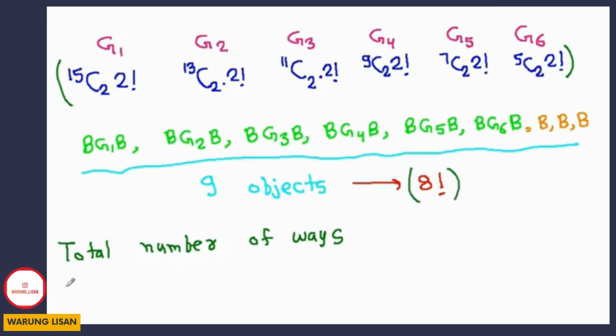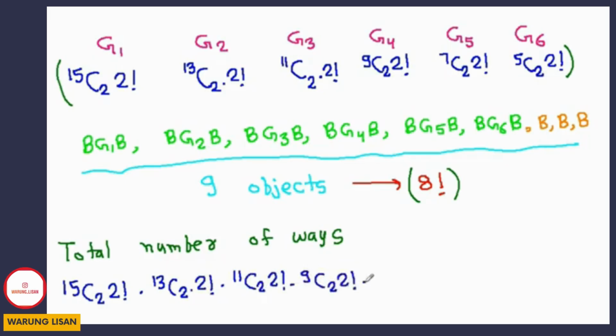So it will be 15C2 into 2 factorial into 13C2 into 2 factorial into 11C2 into 2 factorial into 9C2 into 2 factorial into 7C2 into 2 factorial into 5C2 into 2 factorial and into 8 factorial.